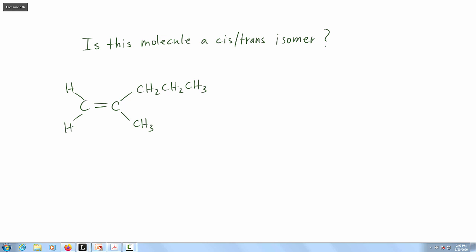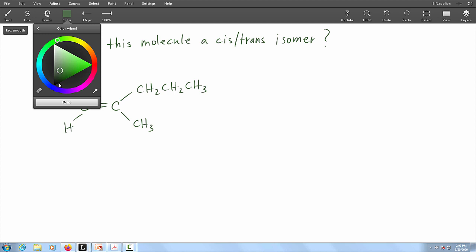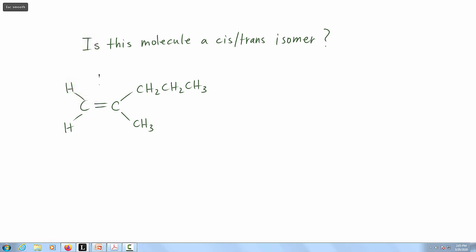Is this a cis-trans isomer? Well, let's look. Okay. No, it is not. On the left, I do not have an atom group that appears on the right. I have 2 hydrogens here and a CH2, CH2, CH3, and a CH3 over here. So I could not use the cis-trans notation with that.